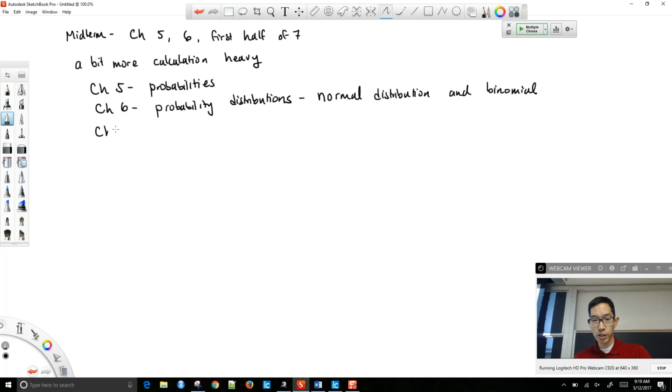And Chapter 7, or at least part 1, is about sampling distributions. Sampling distributions and the central limit theorem.